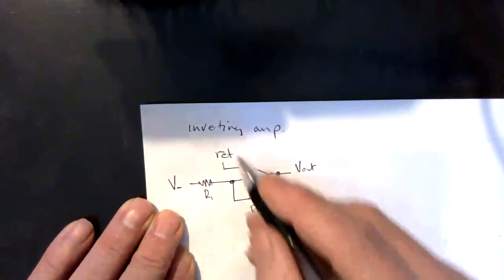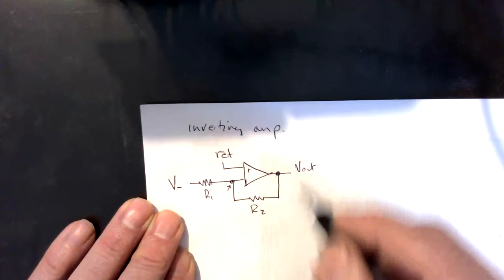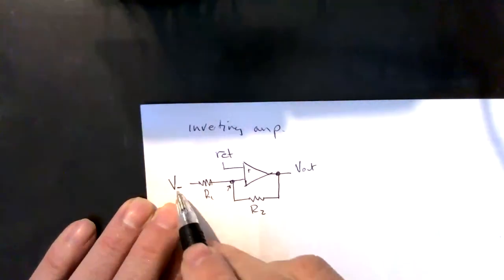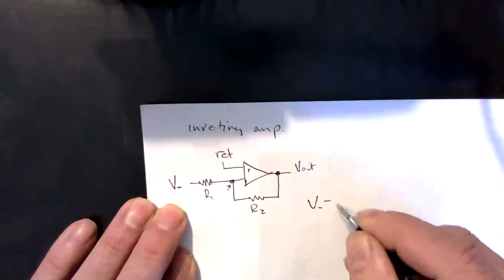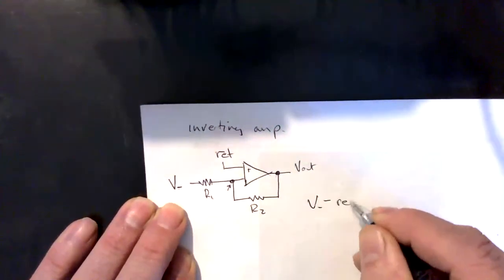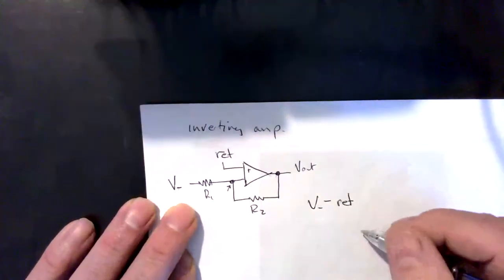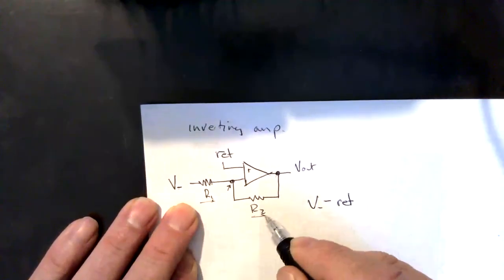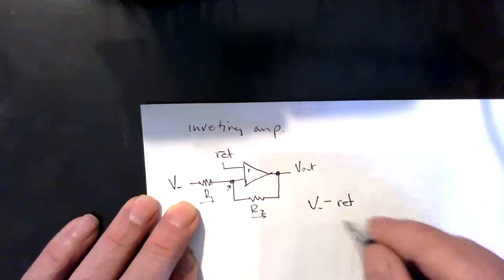All right, now since we have a feedback loop, we have a reference voltage there, and that means that V minus equals the reference. So we have a current that flows through both of these resistors. It can go one way or it can go the other way.